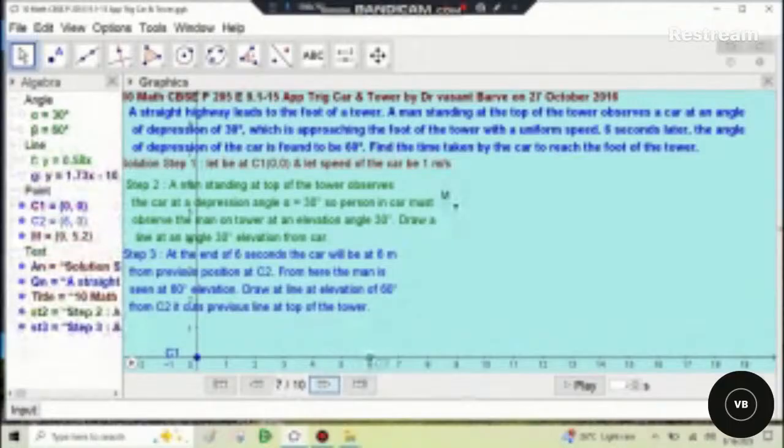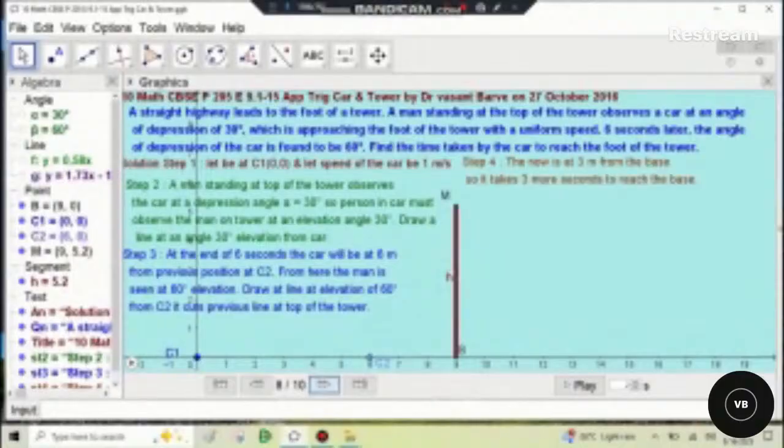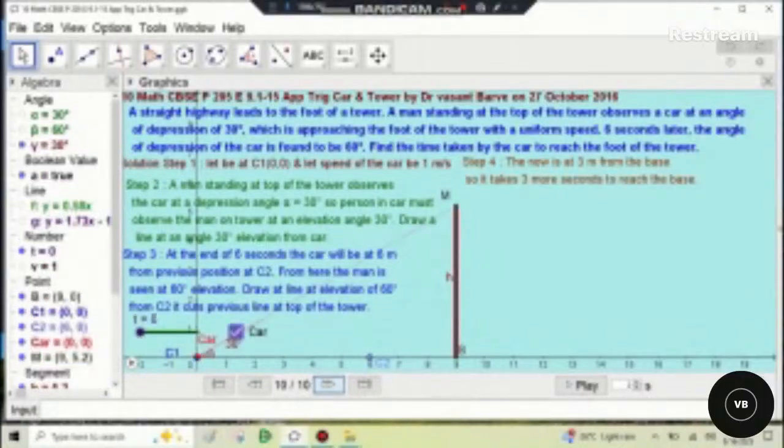Okay. Now let me draw that thing, and then we'll take it step by step. So car right now at t is equal to 0 is here at 0. Okay. And angle of elevation is 30 degrees. So we get angle of depression also to be 30 degrees.